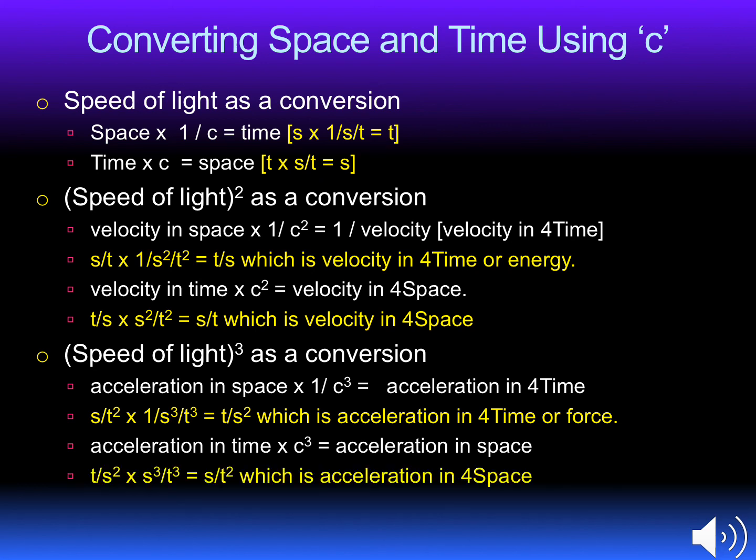So acceleration in time is t divided by s squared times s cubed divided by t cubed equals s divided by t squared, which is the familiar meters per second squared, which is acceleration in force space. So you can see how you can use the speed of light in powers of 1, 2, and 3 to convert a location, velocity, and acceleration between these two coupled universes.